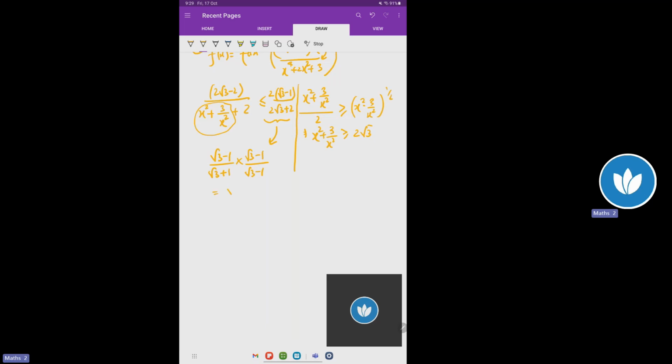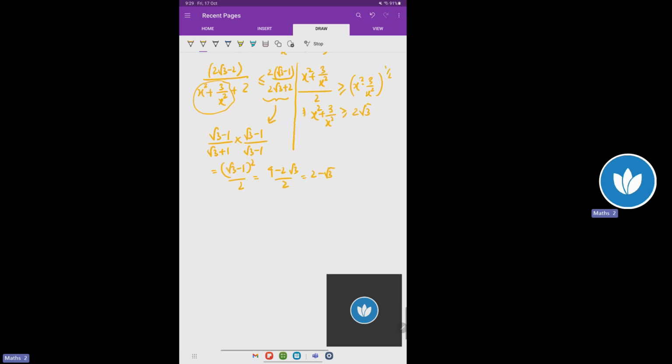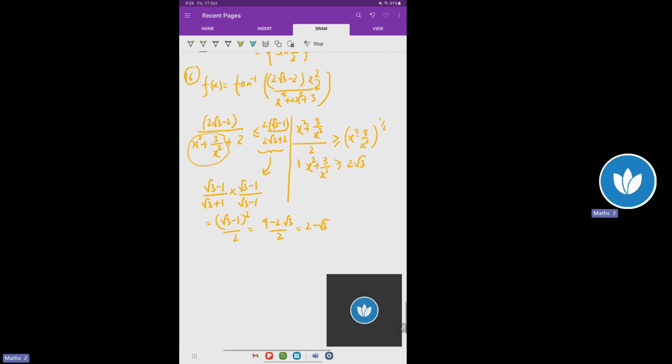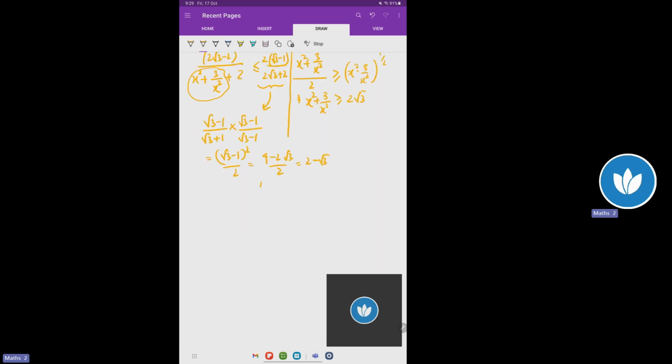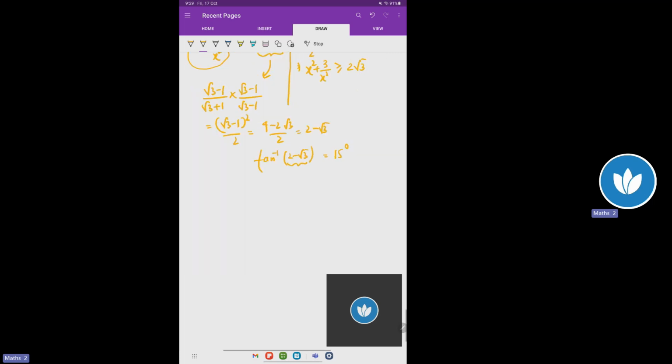So this is root 3 minus 1 whole square by 2. If you open this, 4 minus 2 root 3 by 2, which is 2 minus root 3. You have to take tan inverse of this. Tan inverse is an increasing function, so if the input is maximum, the output would also be maximum. So its maximum value is 15 degrees.